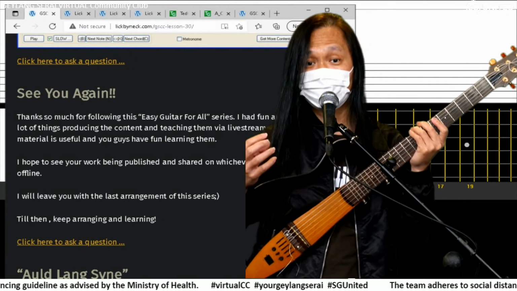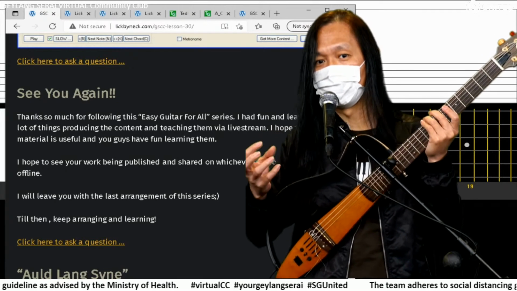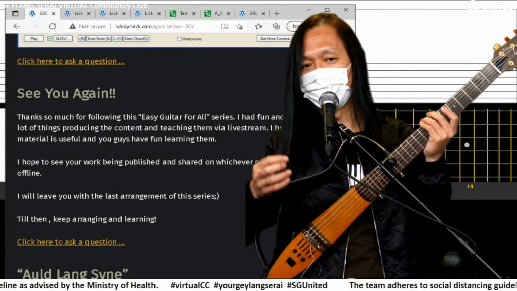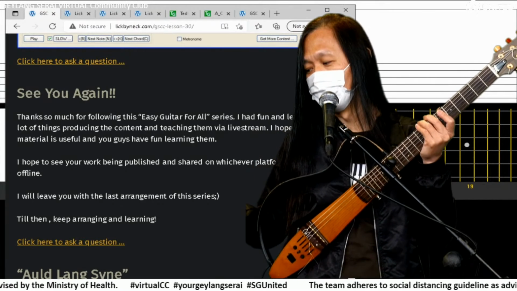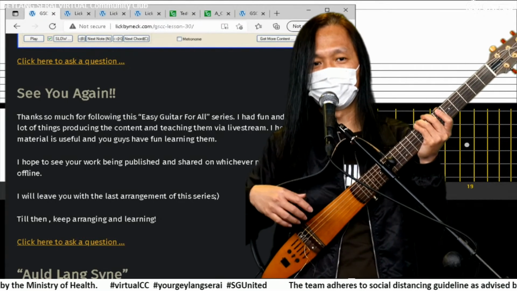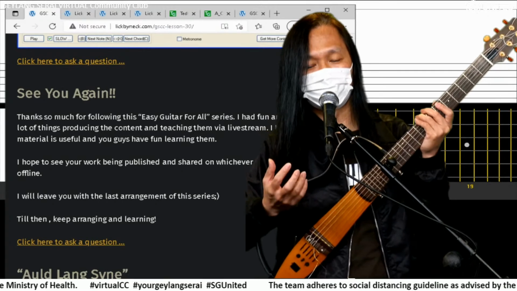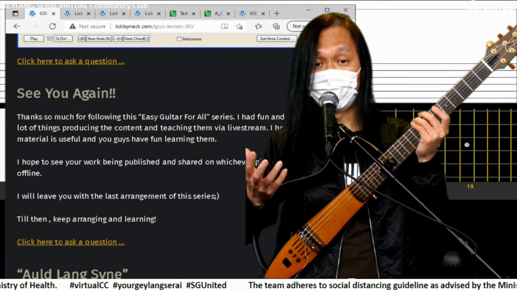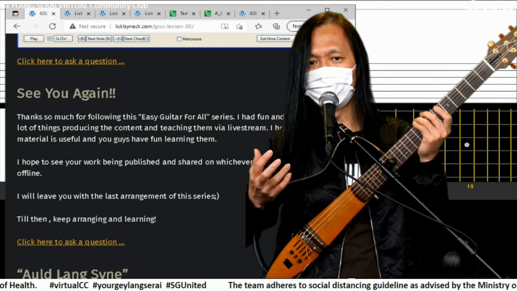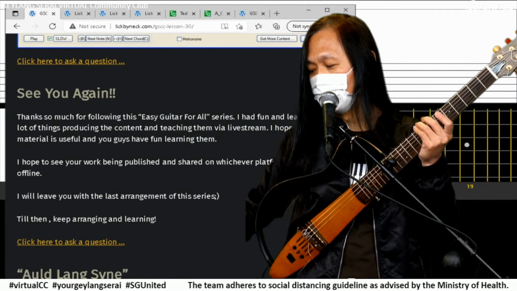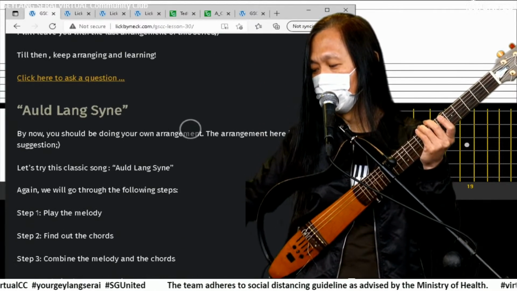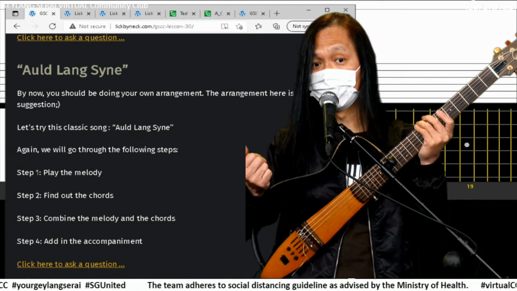I think this area of guitar playing is very satisfying because you play the bass, chord melody, everything. And in the last few episodes, I showed you how to do chord substitution and reharmonize the song. I think it's very rewarding to learn all these techniques and apply them to your guitar playing.